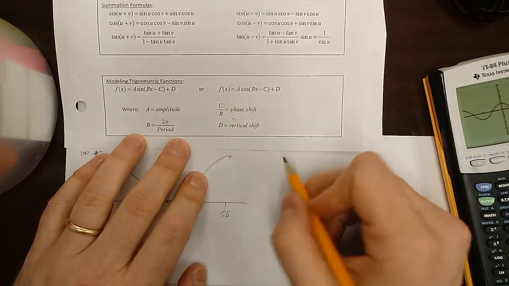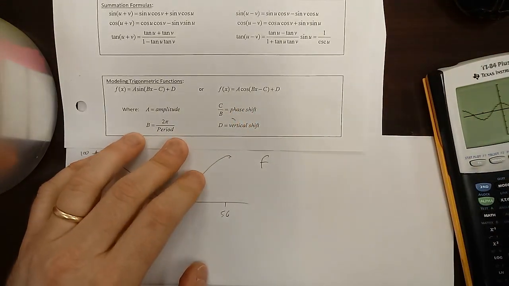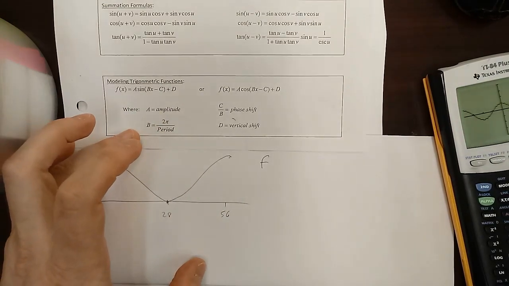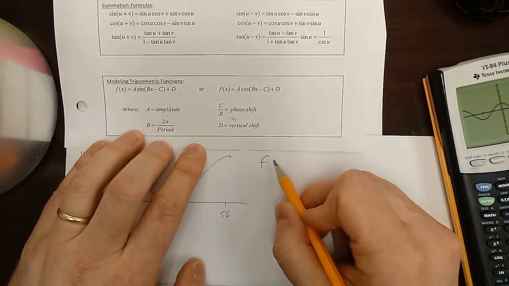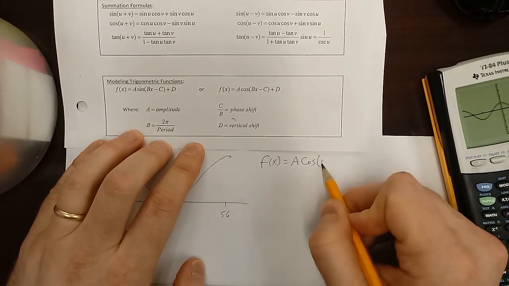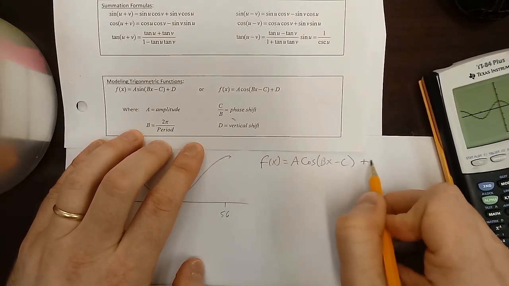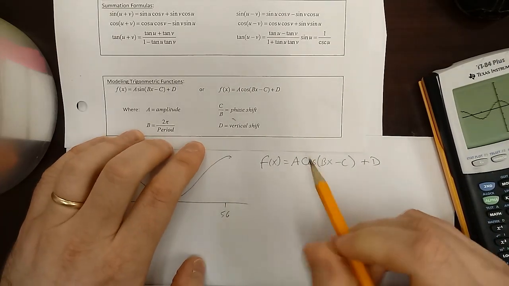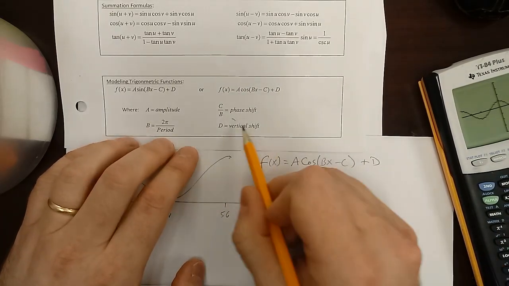My formula sheet says f of x is equal to a cosine of bx minus c plus d. So first things first, amplitude.